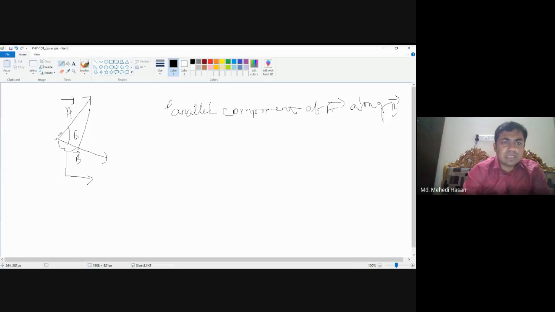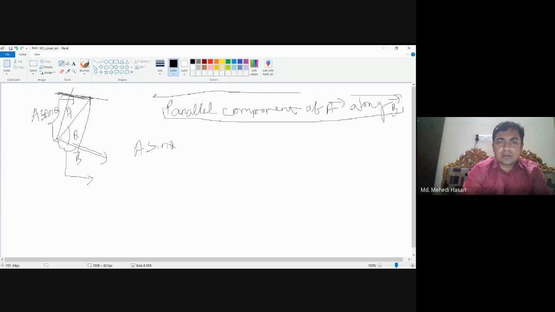If we draw a line parallel to vector b, then this part is a cos theta, and this is a sin theta. This is called the parallel component of vector a along the direction of vector b.